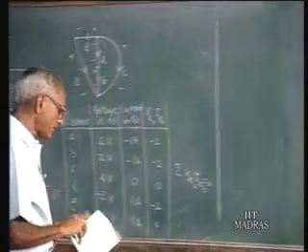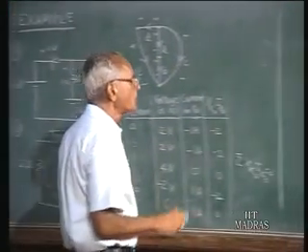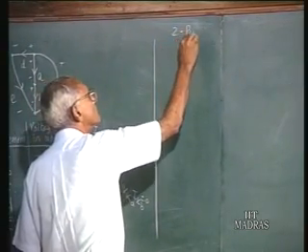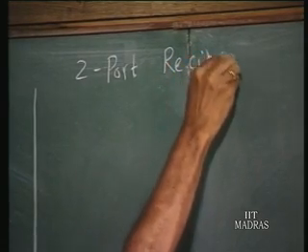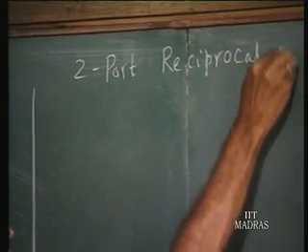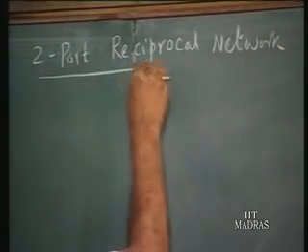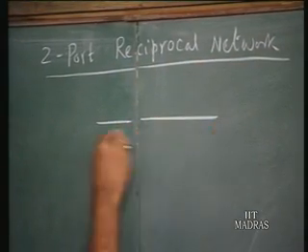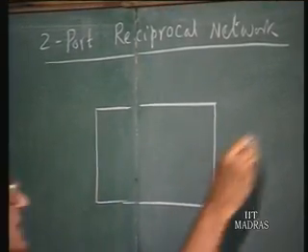Now we would like to apply Tellegen's theorem to a 2-port reciprocal network. Let us consider the same network containing reciprocal elements under 2 different excitation conditions.